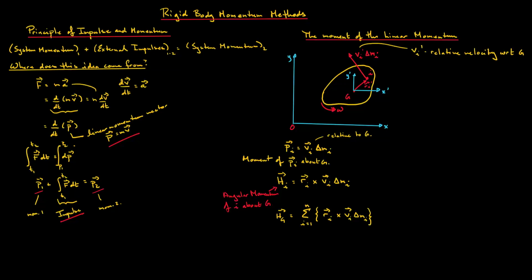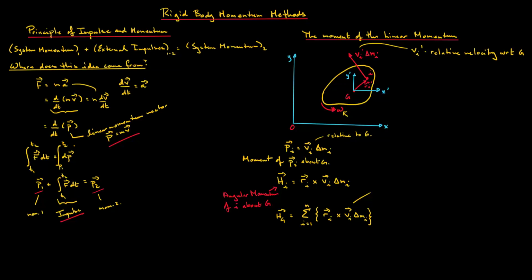Okay, so we're just performing a summation over all n particles that make up the rigid body. So notice that a rigid body might be undergoing general planar motion, it might have an angular velocity omega, so we can express Vi in terms of its relative velocity, right? Vi is a relative velocity relative to g.